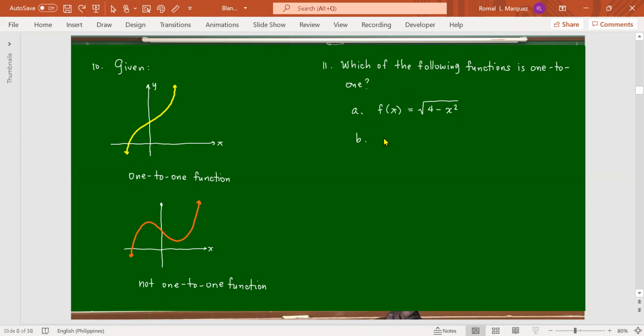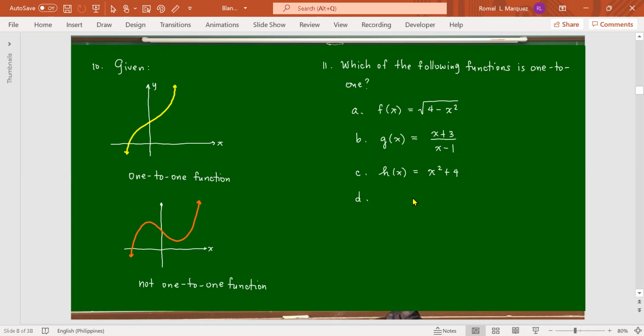B, g of x is equal to x plus 3 all over x minus 1. C, h of x is equal to x squared plus 4.